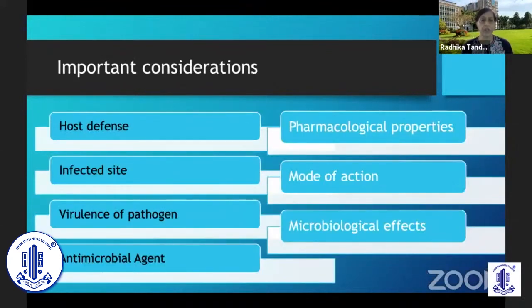So as I said, important considerations also, it's not just the antibiotic which is working, it is also the host defense mechanism. There is the inherent immunity of the host, which may be compromised in conditions where the person may be diabetic, particularly uncontrolled diabetes mellitus. There may be autoimmune disorders.